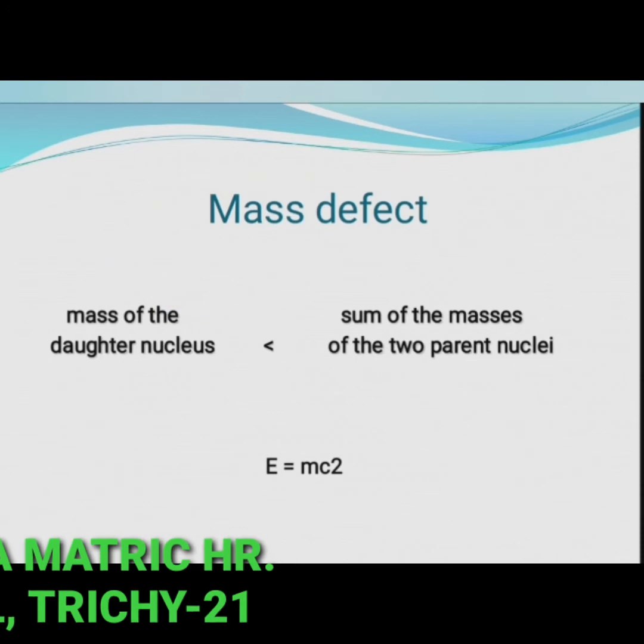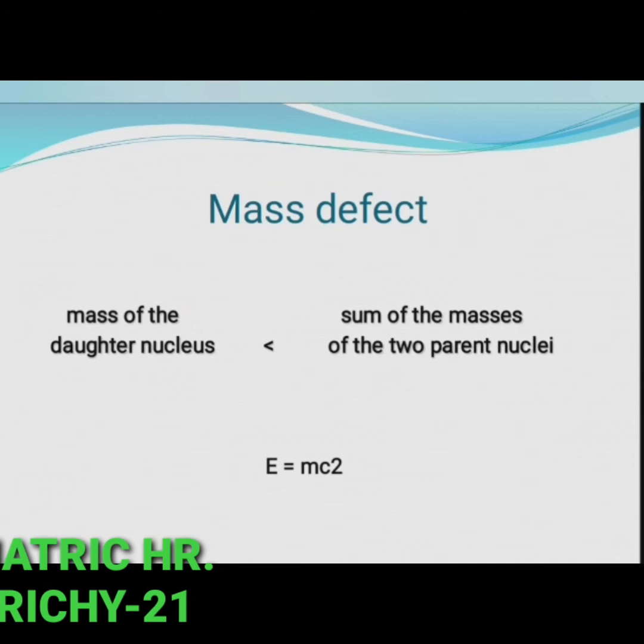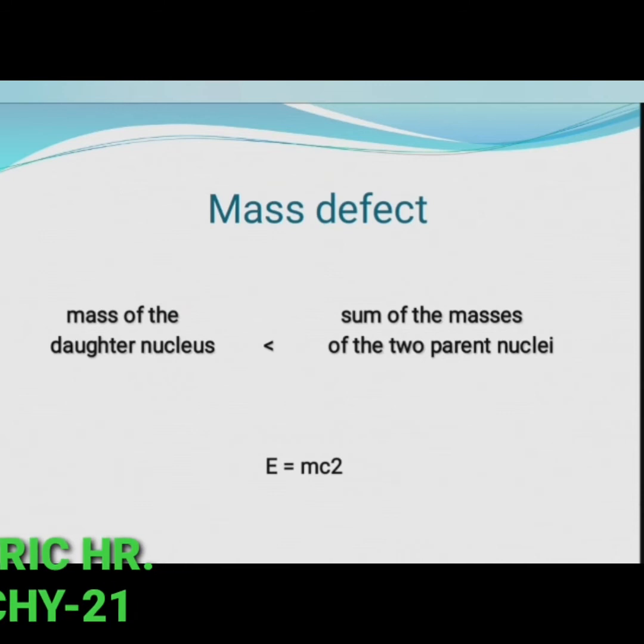This mass is converted into energy according to the mass energy equivalence. This concept of mass energy equivalence was proposed by Einstein in 1905. It stated that mass can be converted into energy and vice versa.